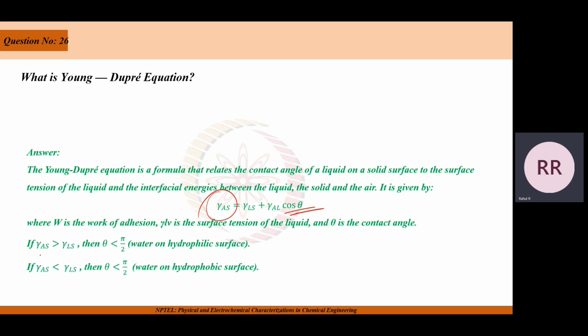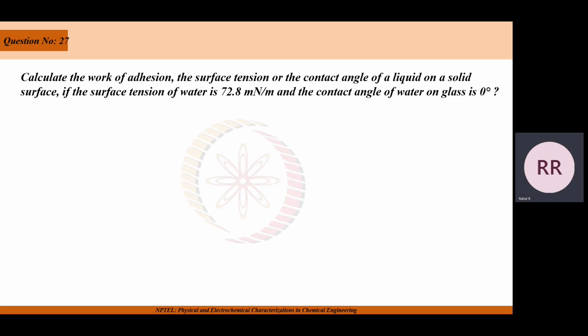When the surface tension of air-solid is greater than liquid-solid, then the contact angle is less than 90 degrees. And if the surface tension of air-solid is less than that of liquid-solid, then this is hydrophobic. So let us go to the next question.